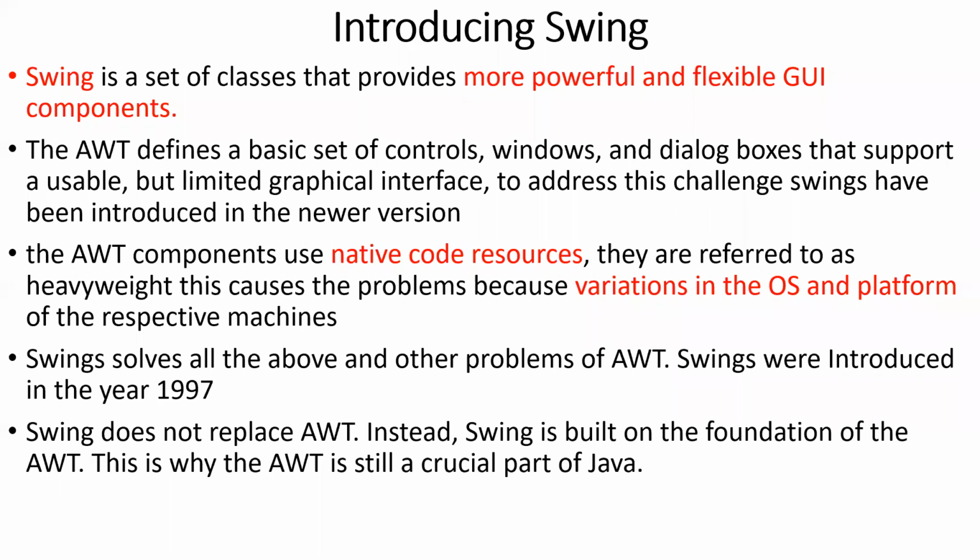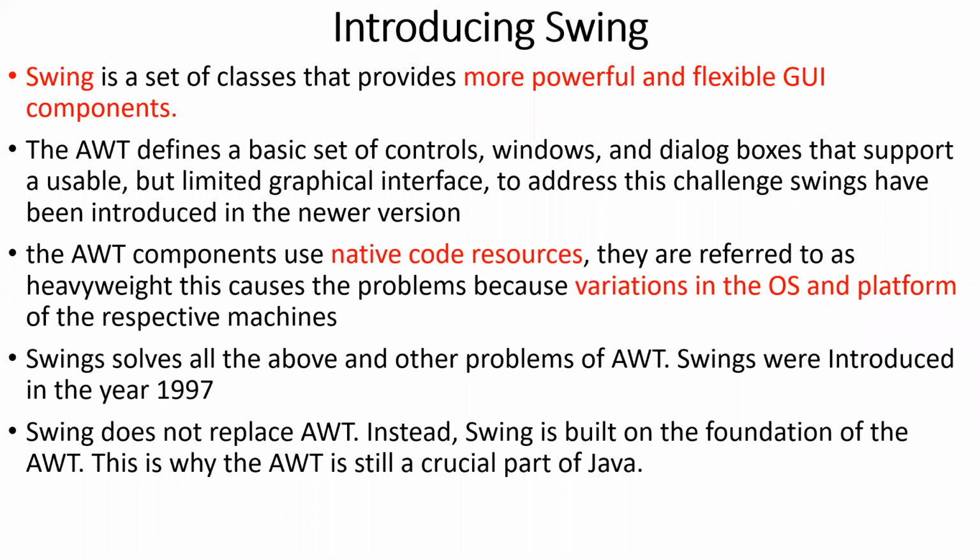Now Swing is not like this. Swing won't depend on native core resources. Whatever the machine, whatever the computer, whatever the configuration, Swing will be executed well on all machines, because Swing is designed using Java code.